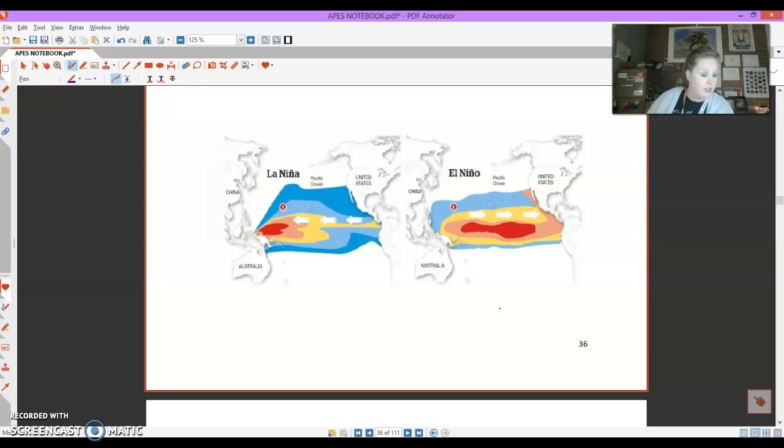These are collectively referred to as an ENSO. Let me write that down. ENSO. Okay, so what this stands for is El Nino Southern Oscillation.